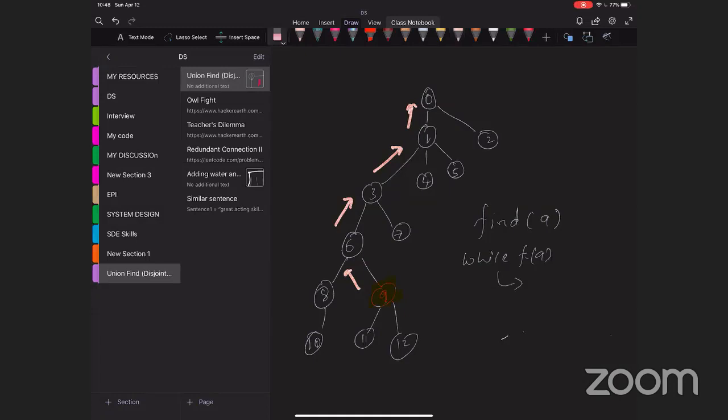Basically, we can do one more optimization, and that is called path compression.